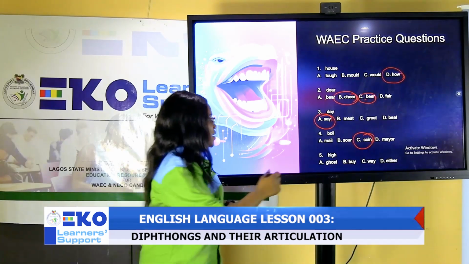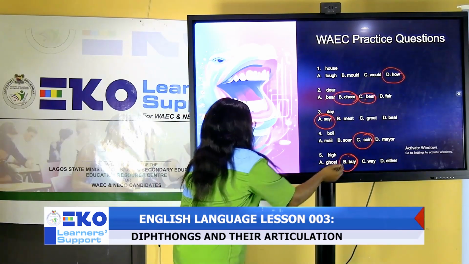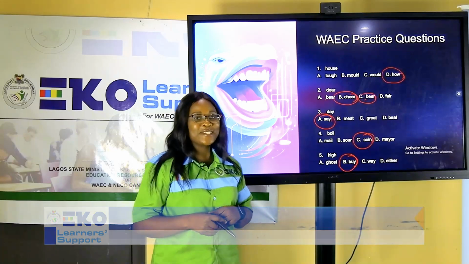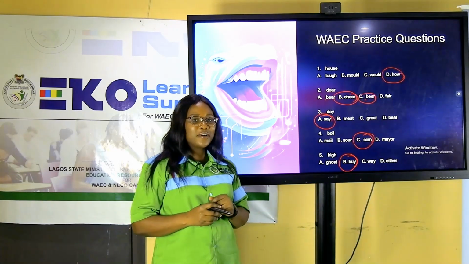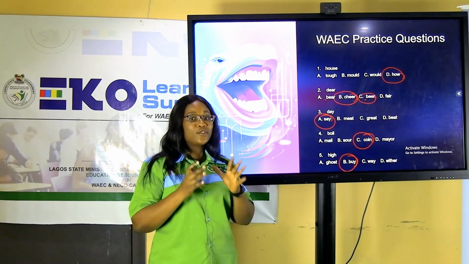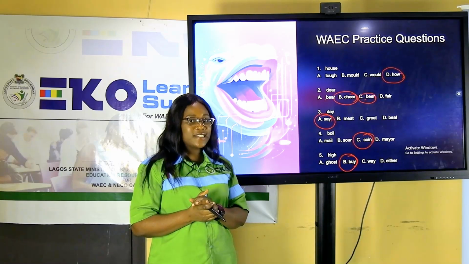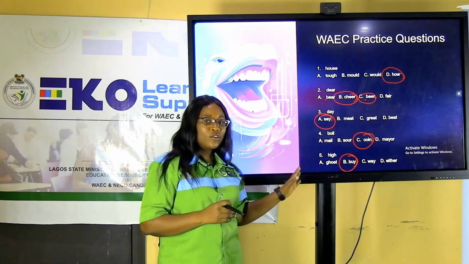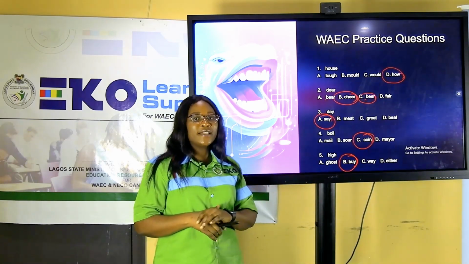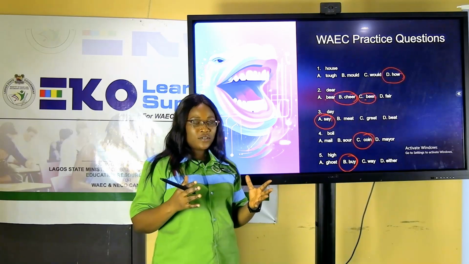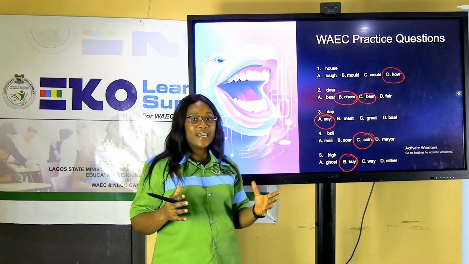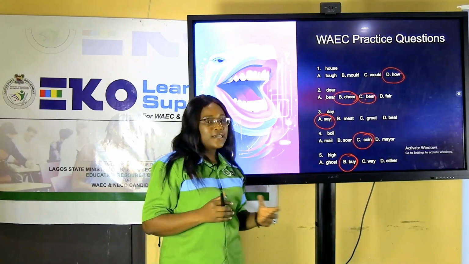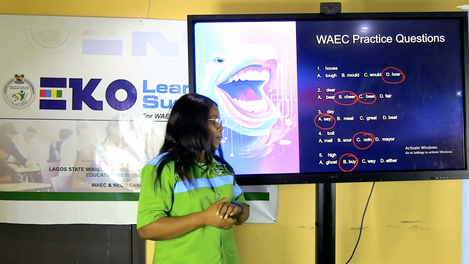So our answer is by. Did you get it all correct? Well done. I would advise that you do more practice exercises. And if you didn't get all correctly, you can go ahead, listen to the class again, and then answer these questions.